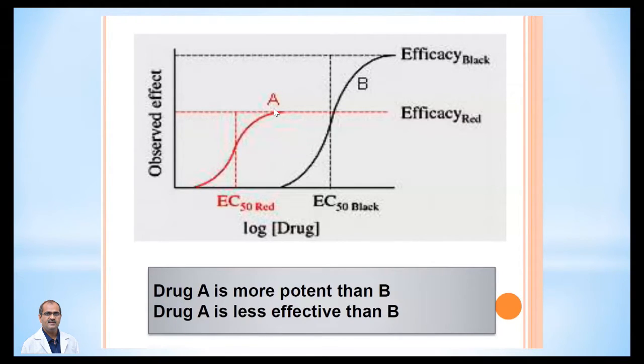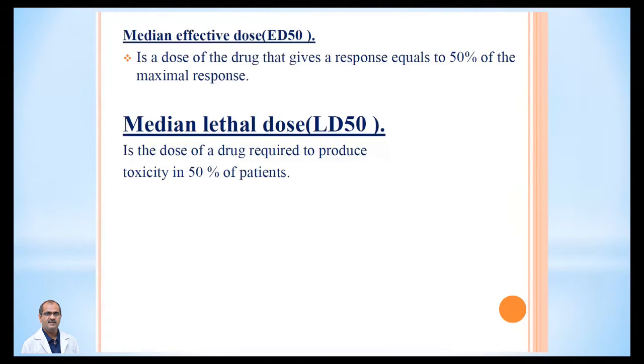Potency is more, whereas the efficacy of that drug is less. What we can say is, in the lower doses only, drug A induces response, whereas drug B induces the highest response in the higher dose. That's known as the efficacy and potency.